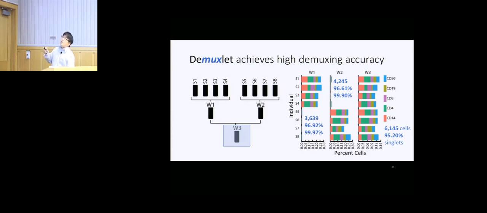In this case, we don't have this measure of accuracy, but the number of singlets decreased because we loaded more cells, 6,000 cells. We expected that, and this is very in line with what we expect based on the estimated doublet rates.